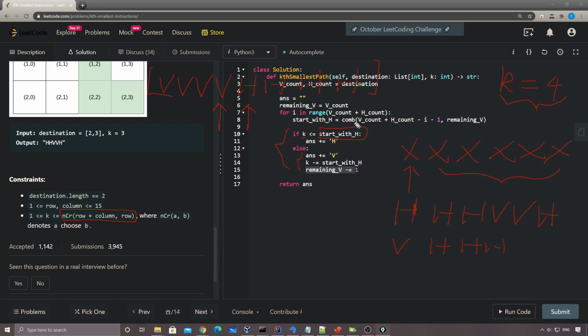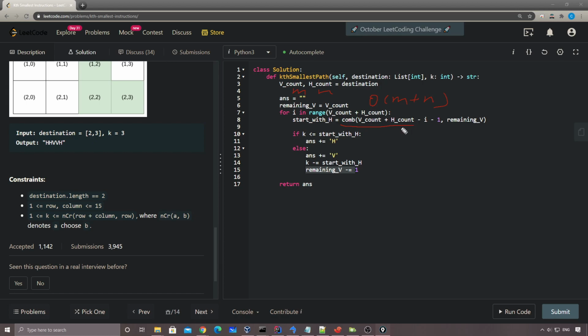So how about time and space complexity? Let's say we have m and n here. Of course this is O of m plus n. And how about this combination?